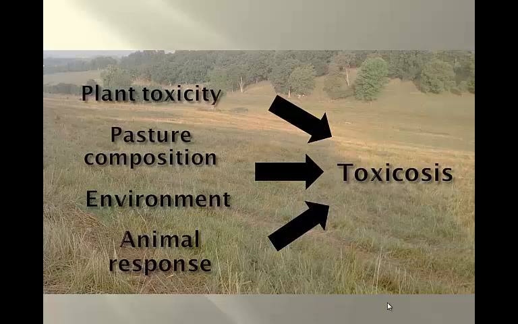And then also, what's the animal response? So there's a lot of things that have to come together to cause a toxicosis issue. And I think that's why, when I said if I would poll everybody, you see a lot of variability. Some folks think they have problems, some say they don't. It's not going to be every year. And I think that's why we see that, is there's so many factors that have to come together to create the perfect storm.